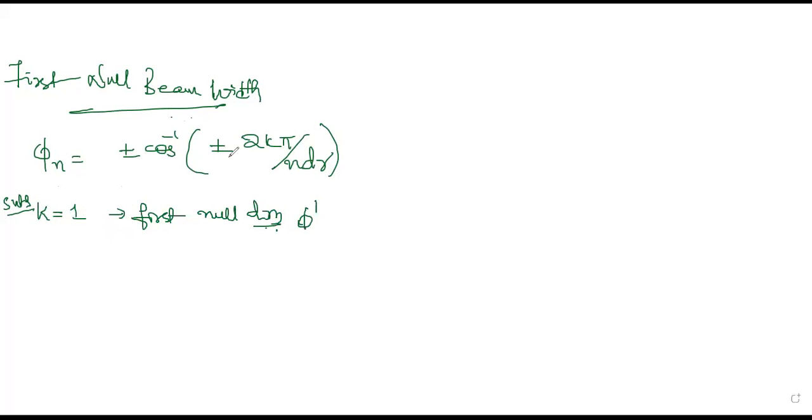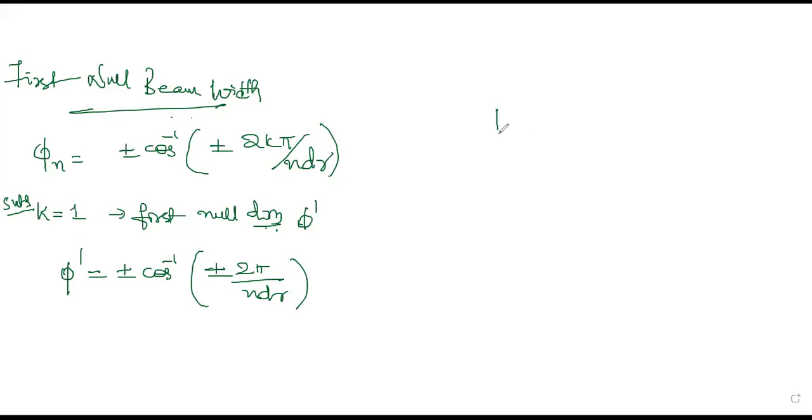So I'm substituting k is equal to 1. You get phi dash equal to plus or minus cos inverse of plus or minus 2 pi by n dr. So this is one equation.